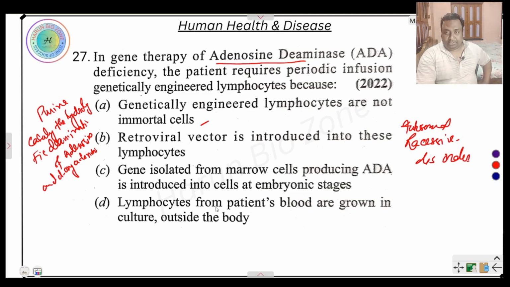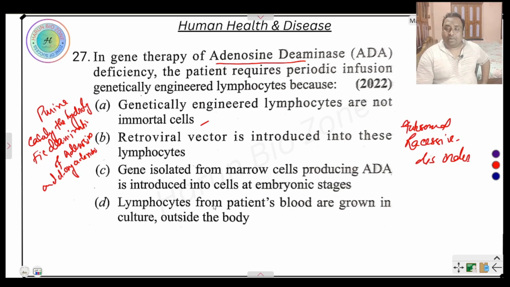Genetically engineered means a person who does not have the ADA gene, or adenosine deaminase gene, requires the ADA gene. If the ADA gene is introduced into the human body, it temporarily cures, but when the recombinant ADA is introduced into the embryonal cell, inner cell mass, it permanently cures this disease.